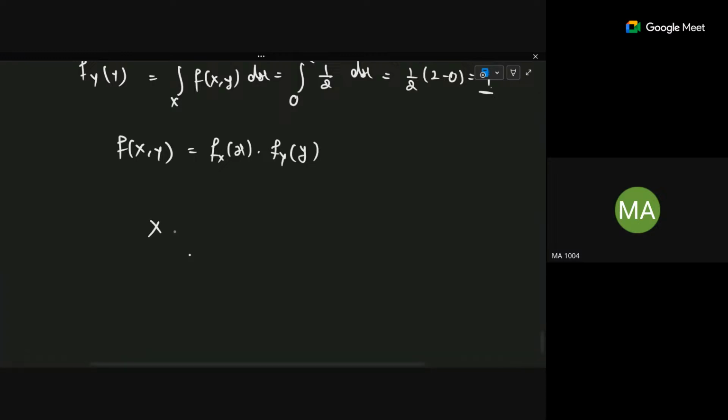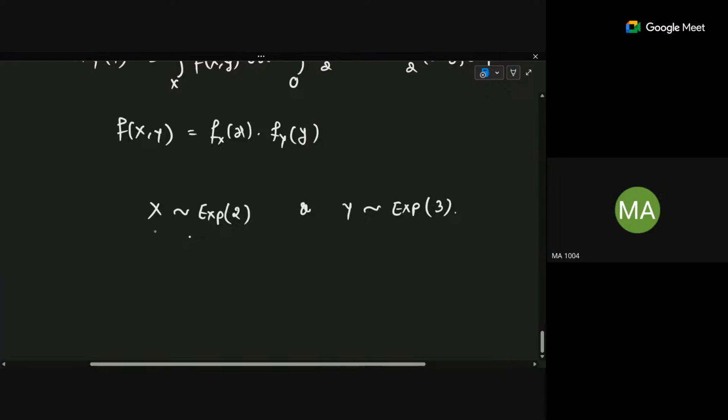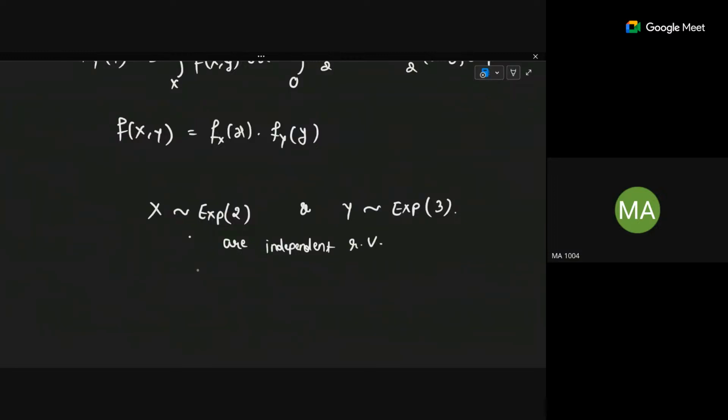Let's say x follows an exponential distribution with parameter 2, and y is exponential with parameter 3. And they are independent random variables, forming a joint density together.